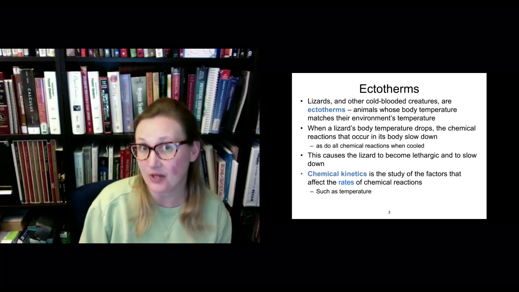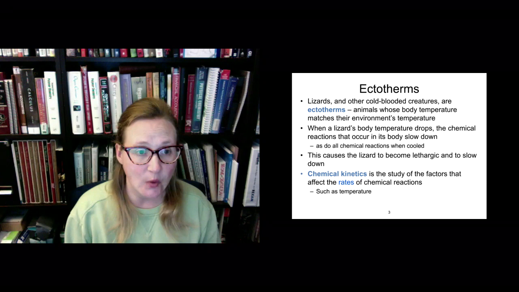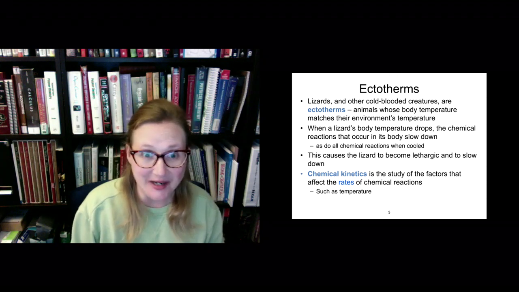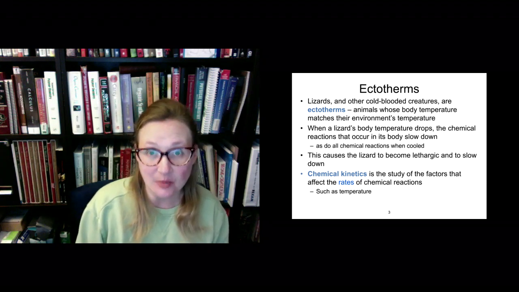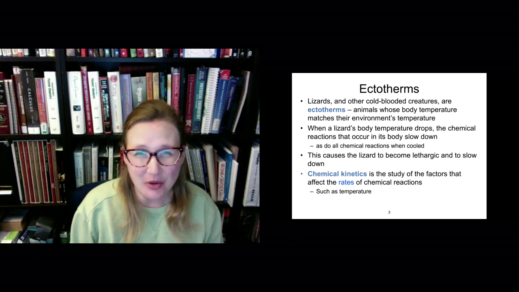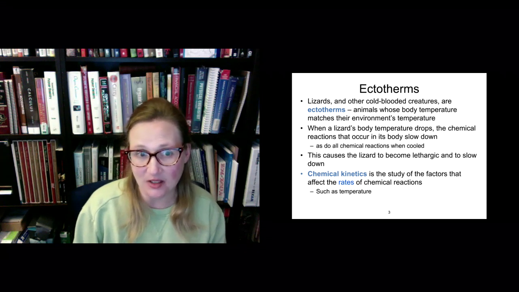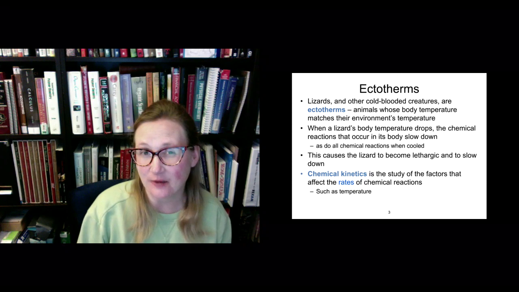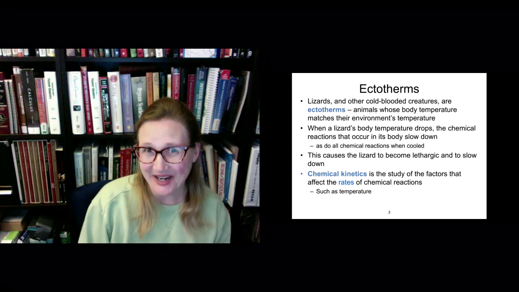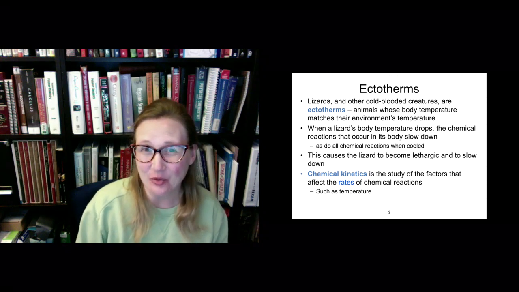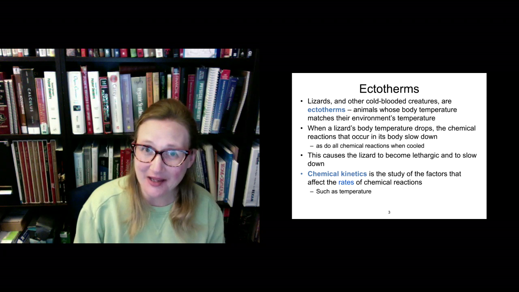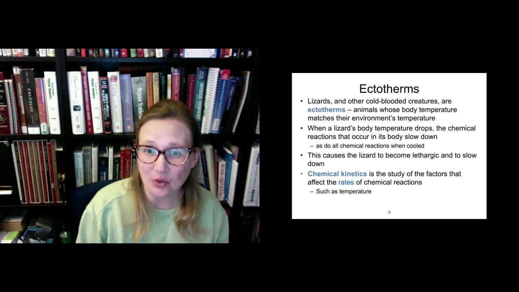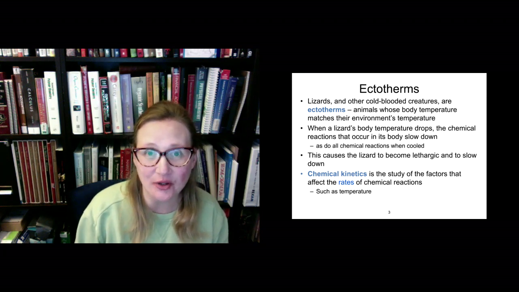It can really slow down a reaction. So when a lizard's body temperature drops, the chemical reactions in the lizard's body slow down. This is actually a survival mechanism for lizards because they can survive pretty cold temperatures, as they're able to essentially control the chemical kinetics or the metabolism in their body.